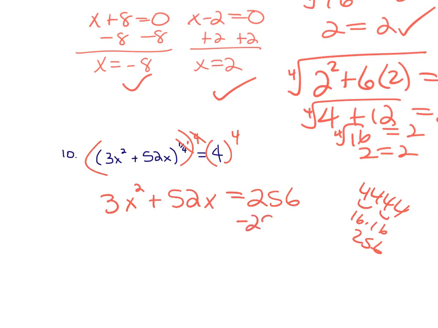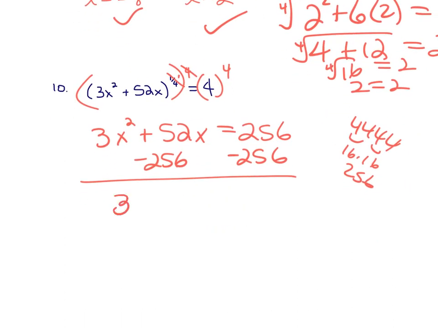Move the 256 over. So it's going to be all set to factor. 3x squared plus 52x minus 256 equals 0.